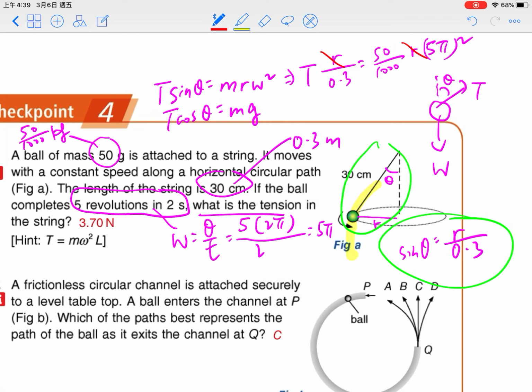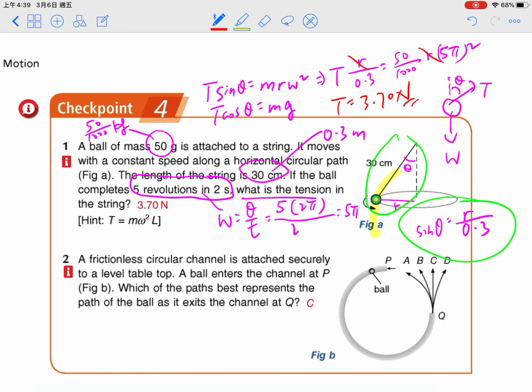So here we can cancel r on both sides. You can use your calculator to find the answer. It will be 3.7 newtons.